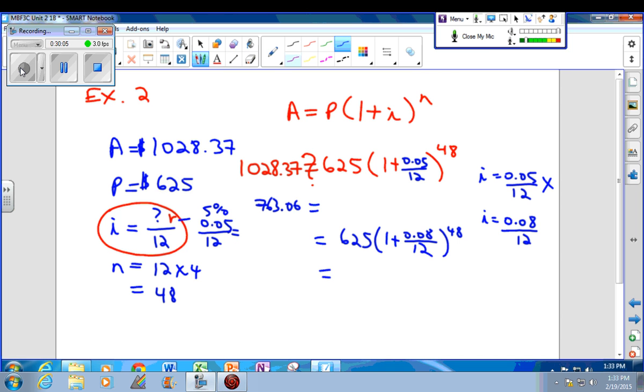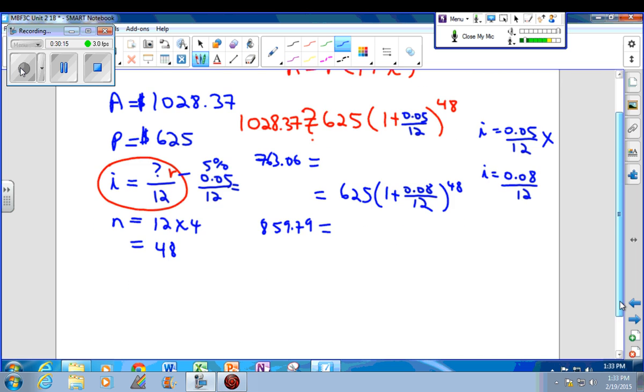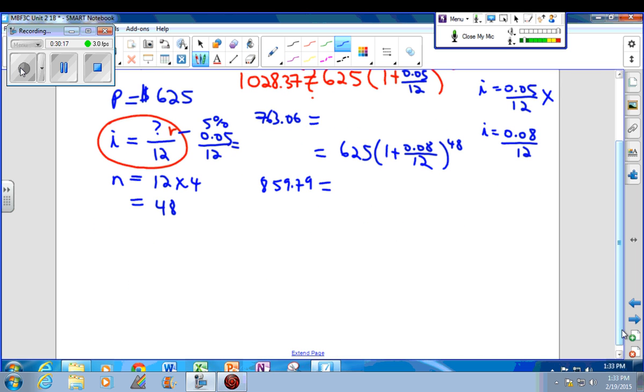Okay, well, that's 859.79. Ooh, that was really low there. So that's not going to work. But again, I thought we would be above it. So let's try something really extreme like 12%. That's a really high interest rate.